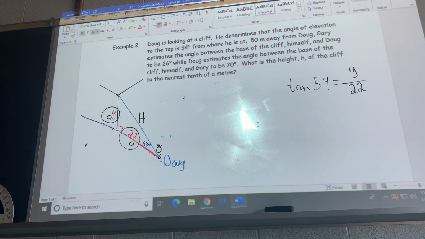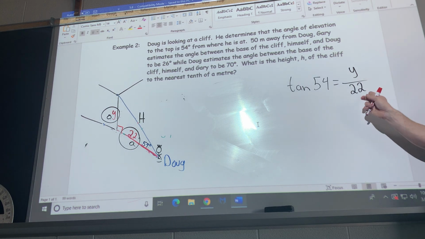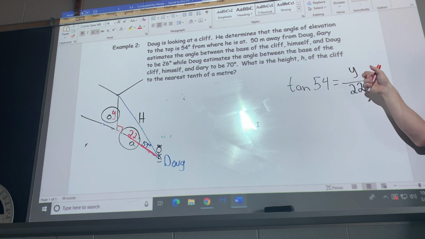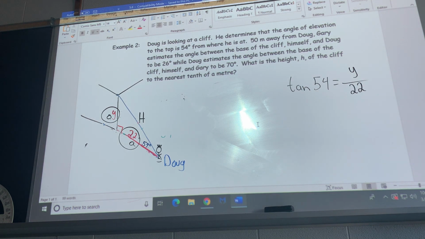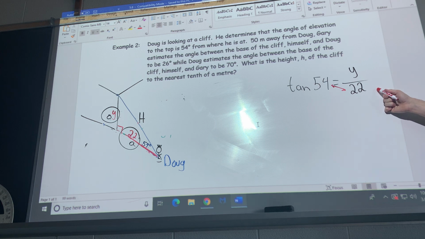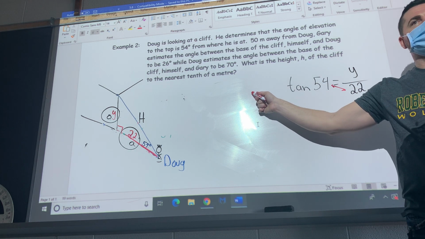Okay, what do we do now to solve? We only swap them if the letter is in the denominator. So it's not the denominator, it's the numerator, so it's actually easier. Adrian? Yeah, we just multiply. Since you're dividing by 22, we multiply by 22 on the other side.